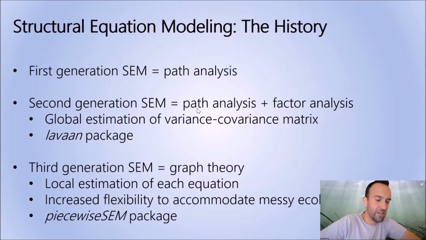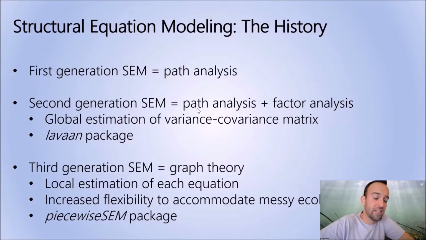And this was united under the umbrella of what we'd call global estimation. So this takes that entire network, like I had shown you previously, and creates a single global variance covariance matrix, of which the model then attempts to reproduce those correlations by generating path coefficients, what we might consider betas, say from a traditional linear model, and again, uses that as a path towards evaluating whether the data fit the model and then what these actual relationships look like, their direction and magnitude.